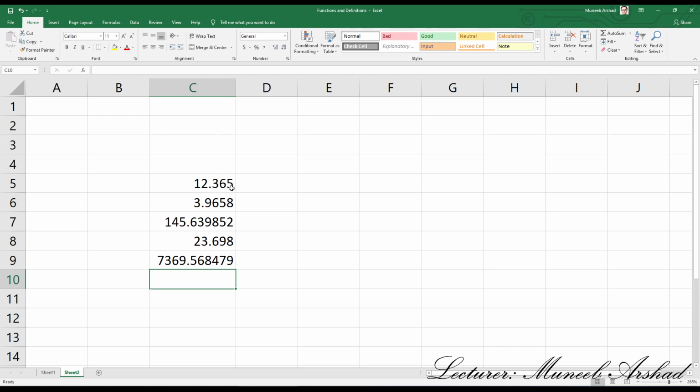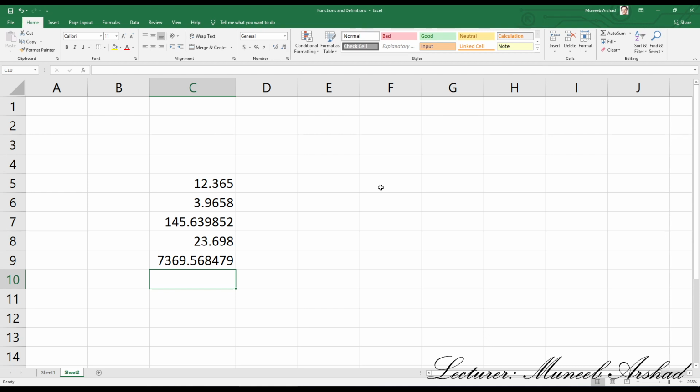But we are to consider only the whole number and not round the number off. Then we use the function of integer. So do not confuse integer with round, because integer does not round the number.